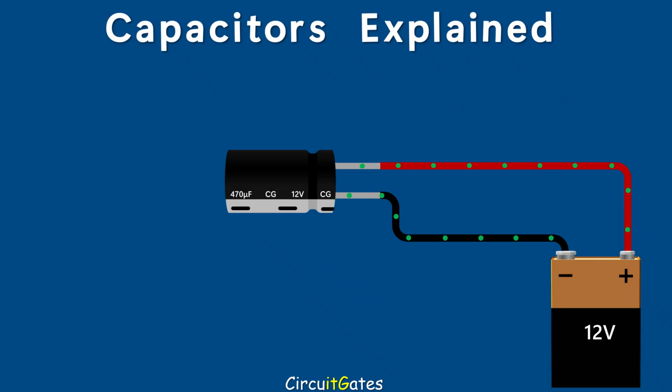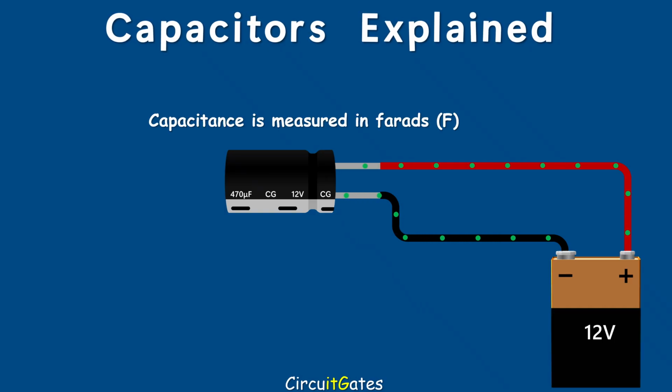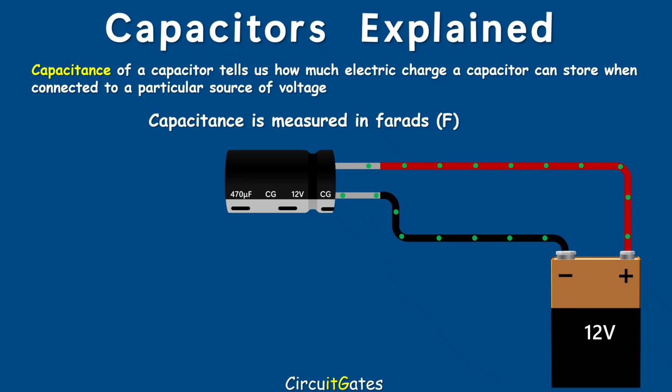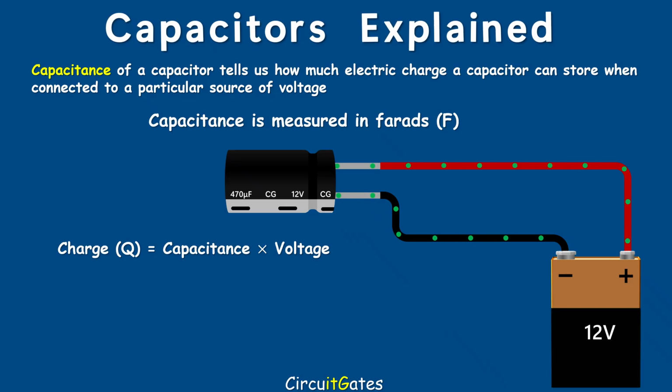The amount of electric charge a capacitor can store is determined by its capacitance. Capacitance is measured in farads. The capacitance of a capacitor tells us how much electric charge a capacitor can store when connected to a particular source of voltage. If the capacitance and the voltage are known, the amount of electric charge that can be stored is given by the product of capacitance and voltage.